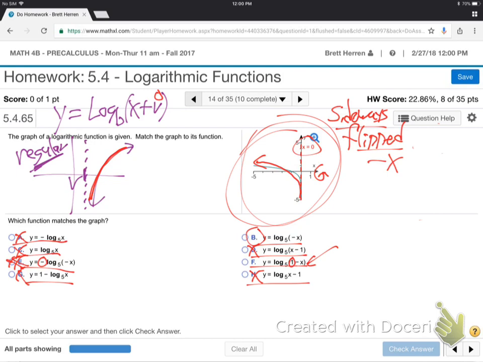Is there a difference between 5 with the negative x in parentheses rather than just 5 with just a negative x there? Yeah. If they wrote log base 5 negative, that would mean subtract x. You've got to put parentheses because otherwise it would mean subtract x.